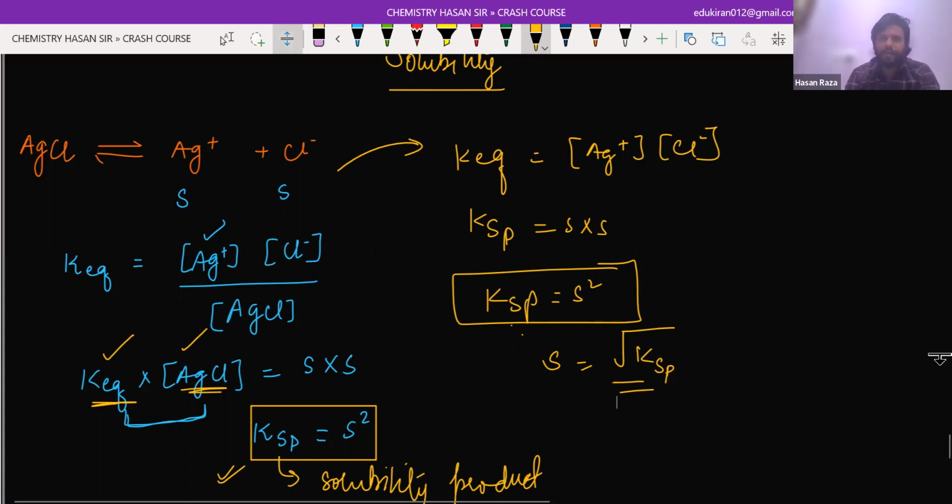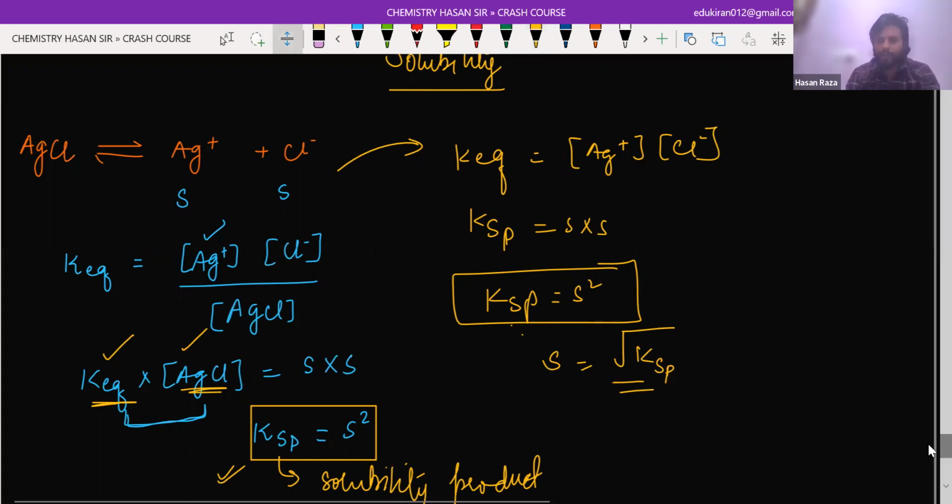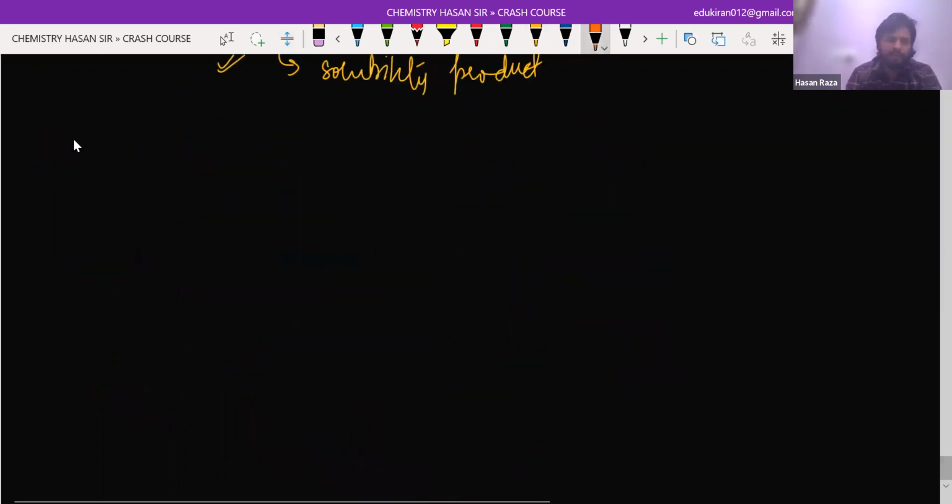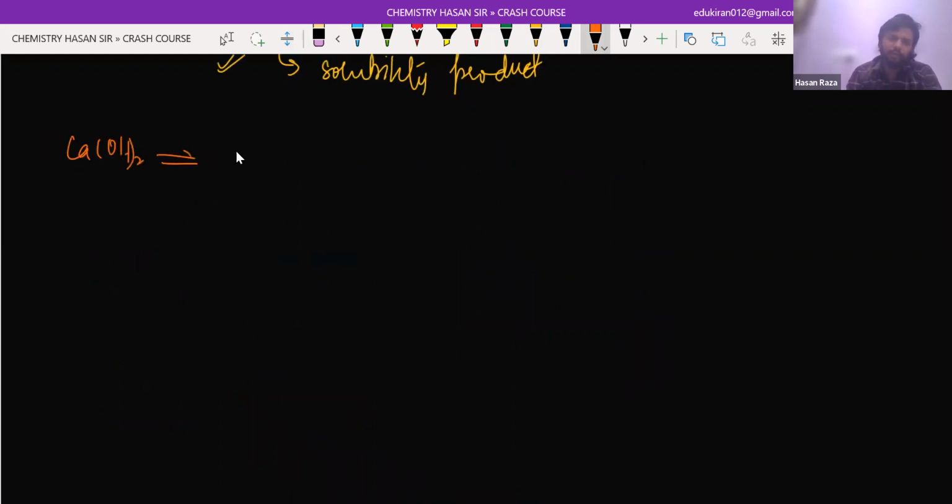Can I change the slide? I'm going to go for another type. Yes, sir. Now see, if the reaction is like this, Ca(OH)2, and if you are going to dissociate it, it will be Ca2+ plus 2 OH minus. So what will happen here? You can see the solubility here will be S and here it will be 2S.